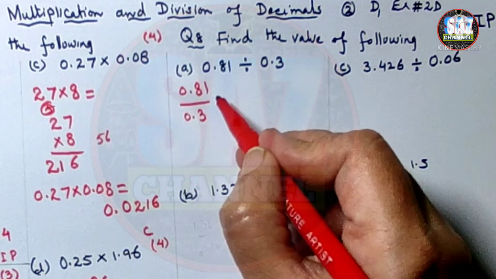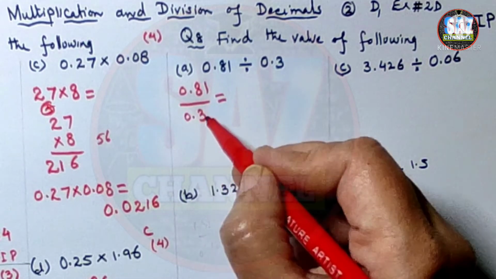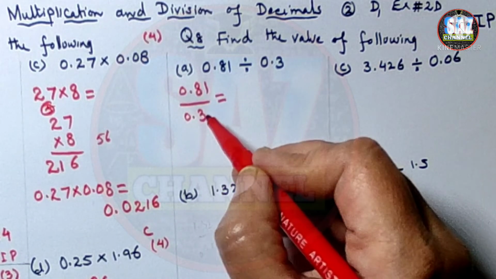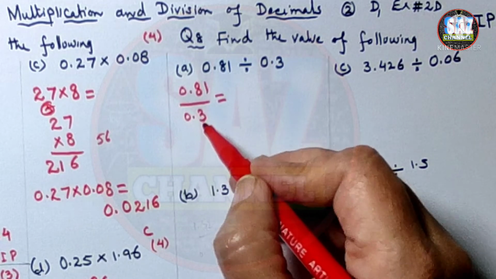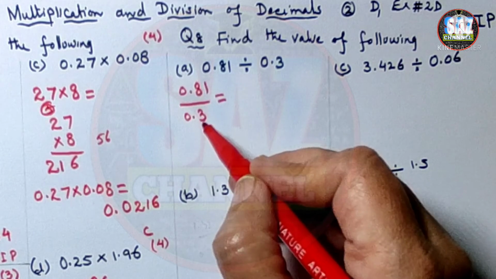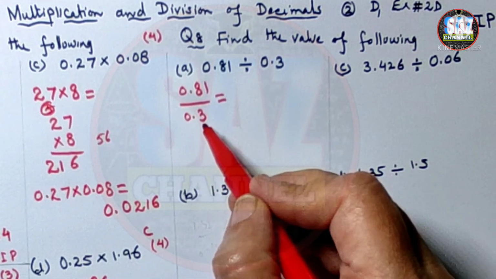And the next was that we have to remove the decimal of the denominator, and we have to multiply the denominator and numerator both by same power of 10, so that the denominator becomes an integer, or it comes free from decimal, so it has one digit after decimal.